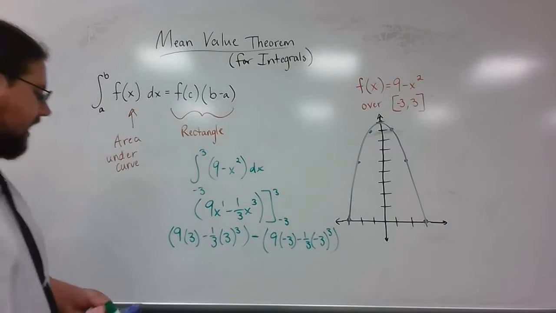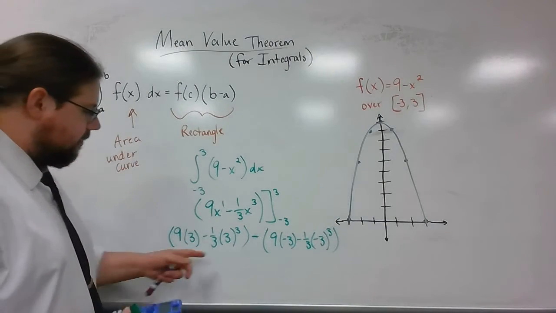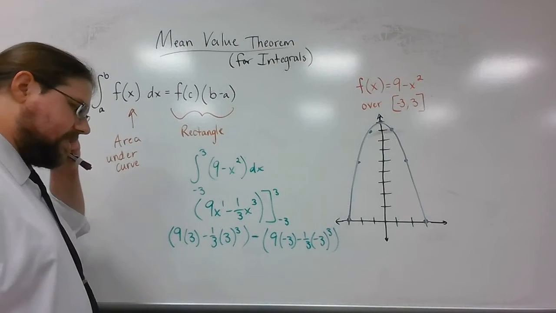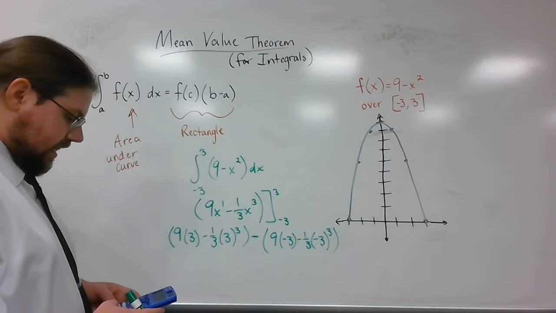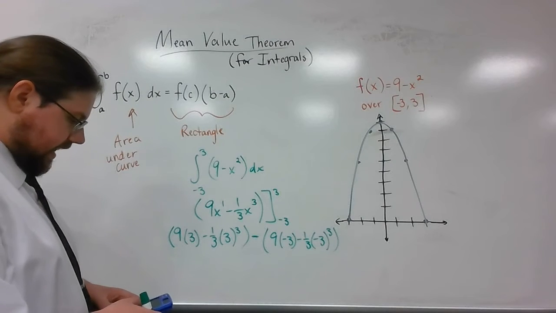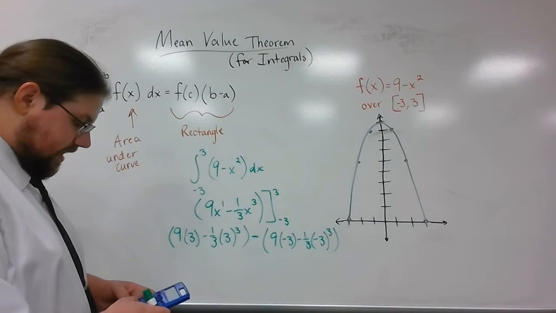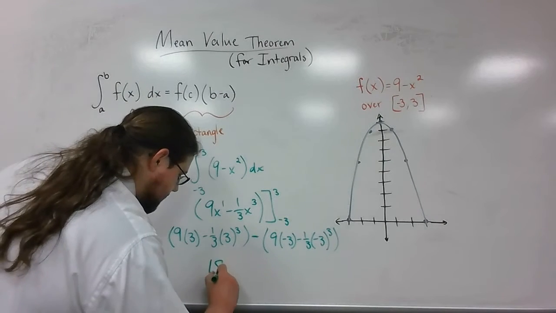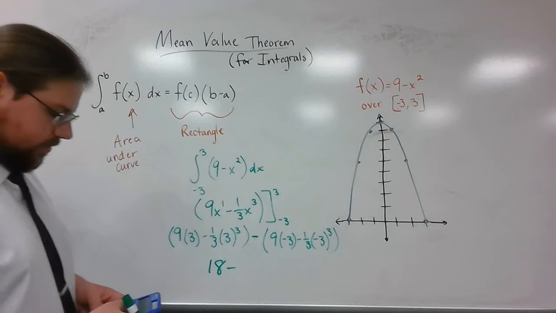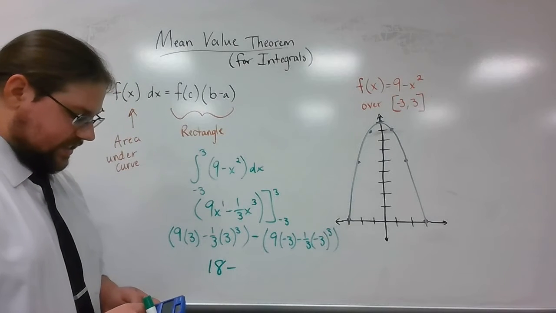So this first part, 9 times 3 is 27. 3 cubed is also going to be 27, but then we're going to multiply it by 1/3. So I'm just taking a guess off the top of my head, I'm thinking it's going to be somewhere around 18. Let's see what happens. Sure enough, I got 18. Then I'm going to subtract, kind of the same thing over there. So I'm going to instead do negative 3s instead of positive 3s.